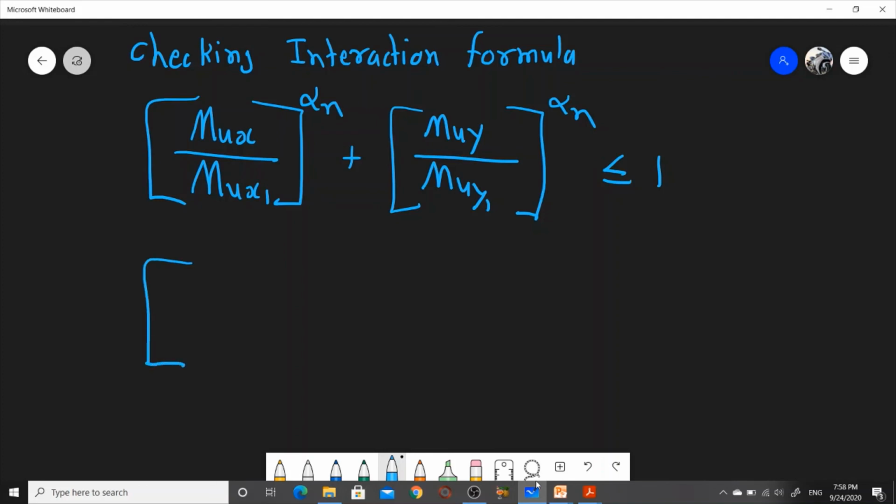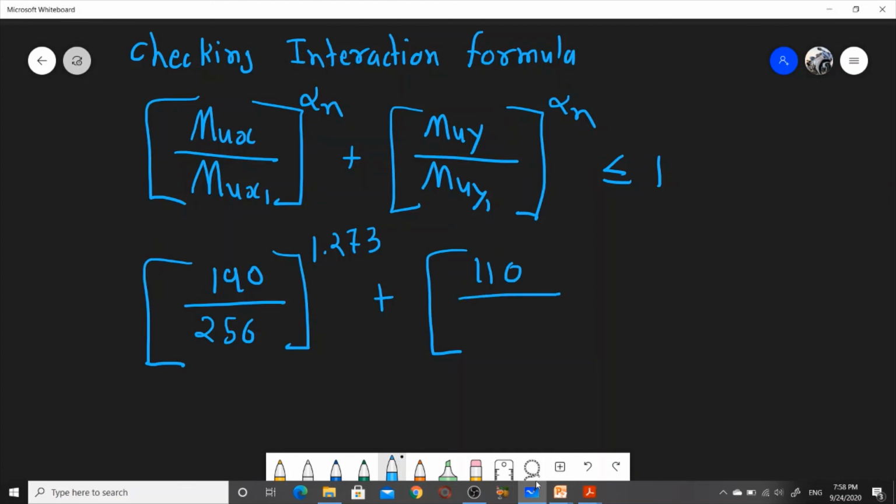So MUX value is 190, which is given in the example. MUX1, which we found out, is 256, raised to alpha n, alpha n is 1.273, plus MUY 110, MUY1 256, alpha n 1.273.